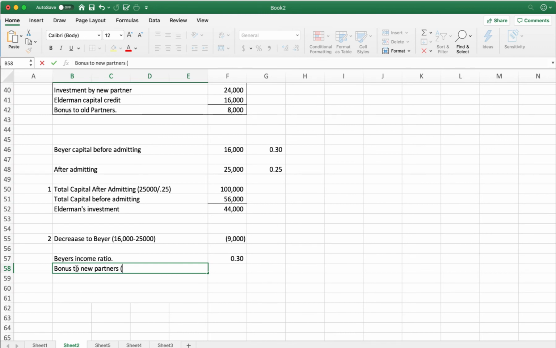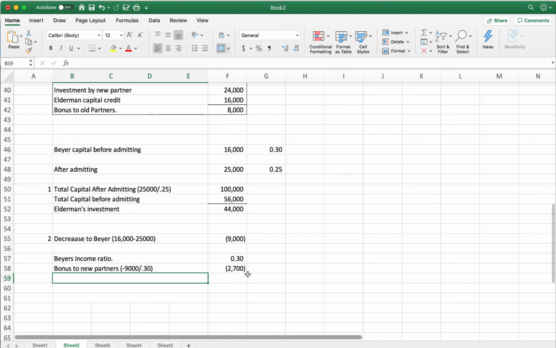So I'm going to take my negative 9,000 and divide that by his old percentage, the old income ratio, which was 30% or 0.3. I see that the bonus to old partners should be $2,700.